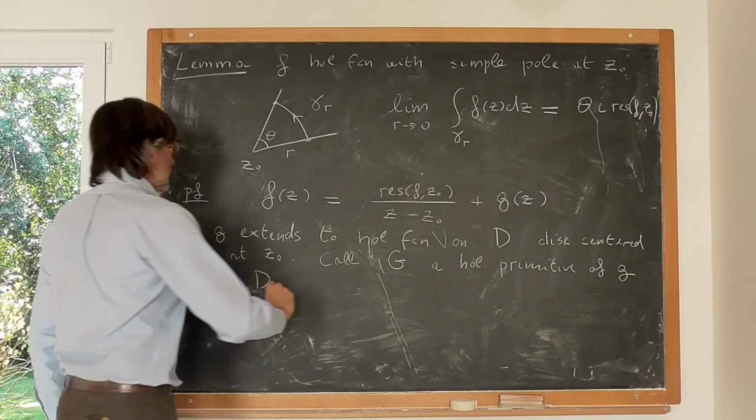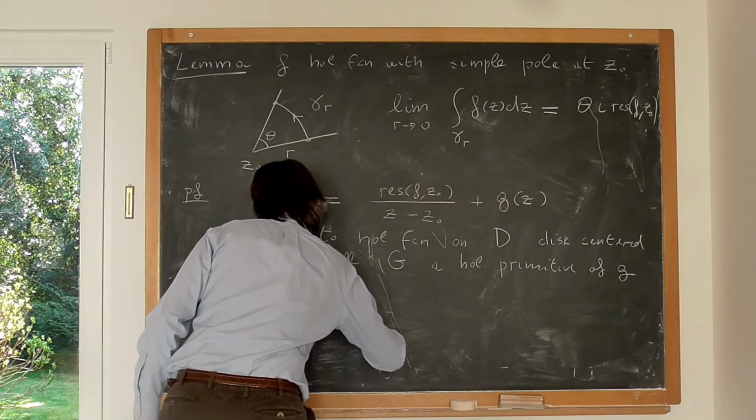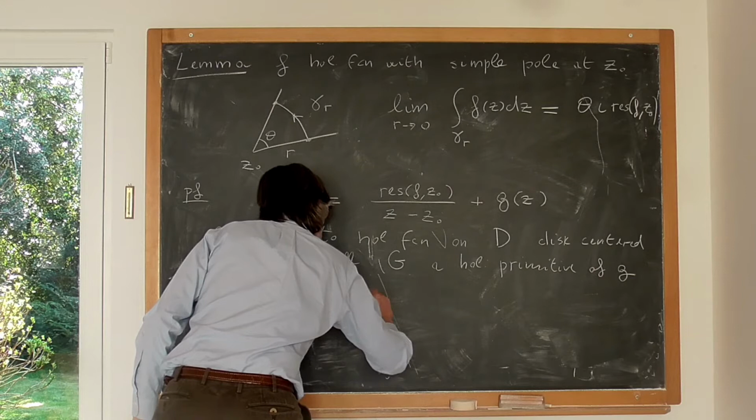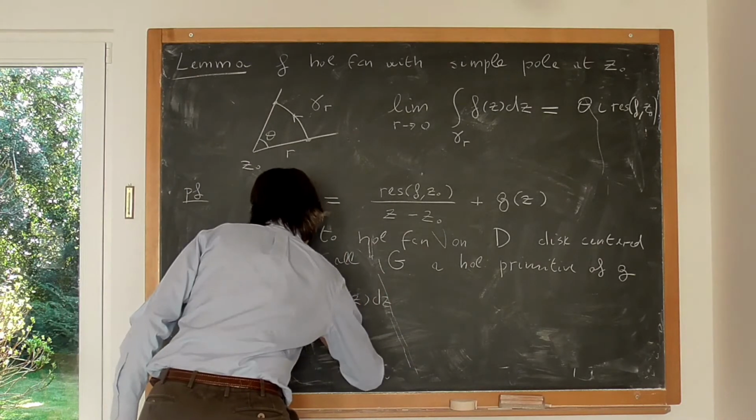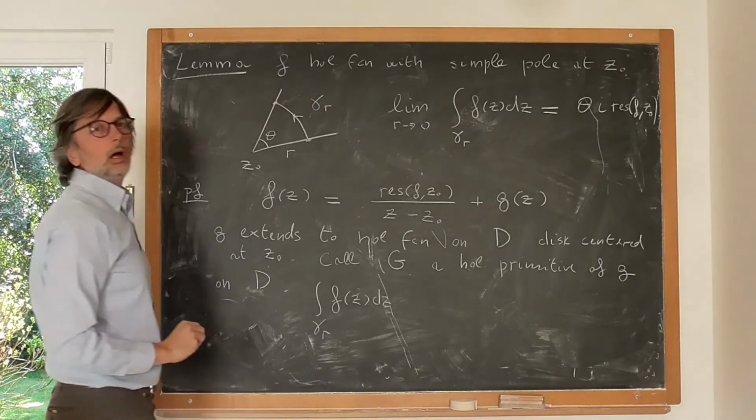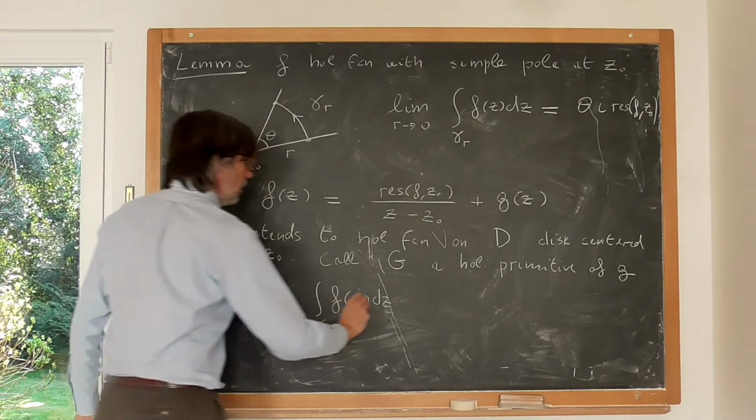Then when we integrate f of z over this gamma r, we'll obtain.